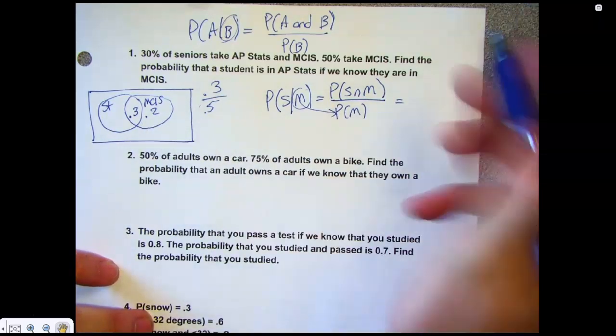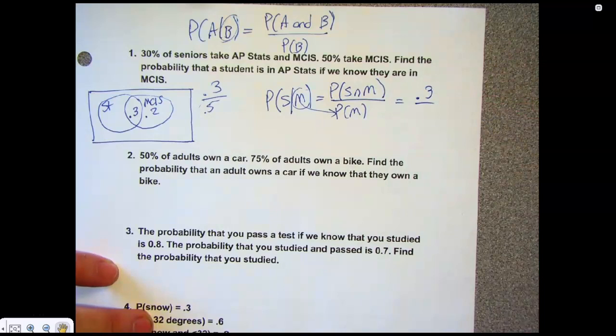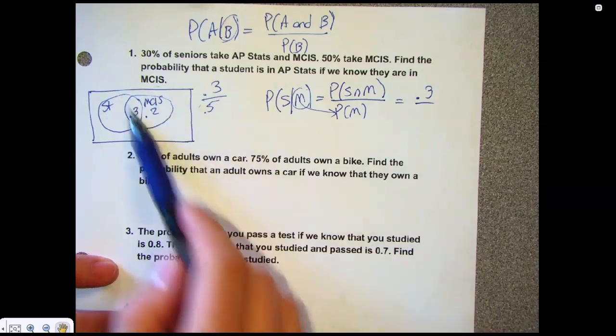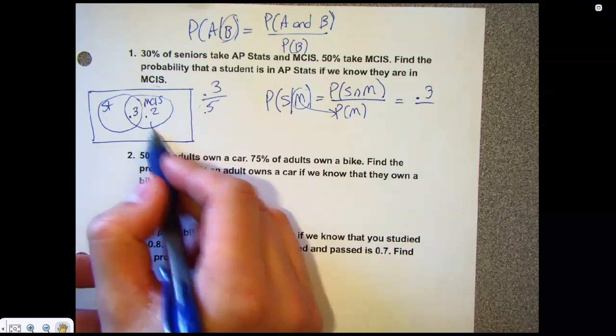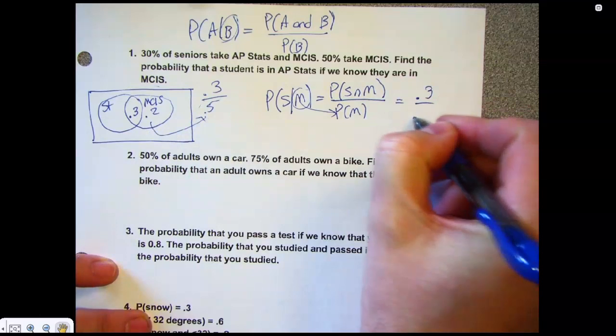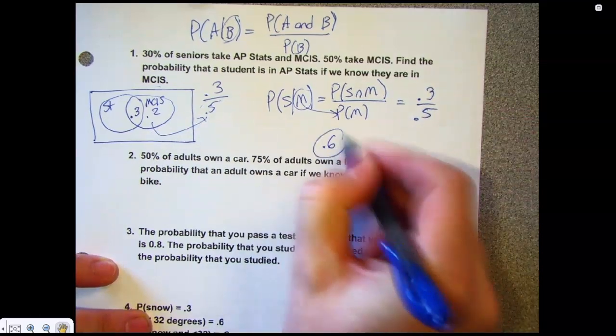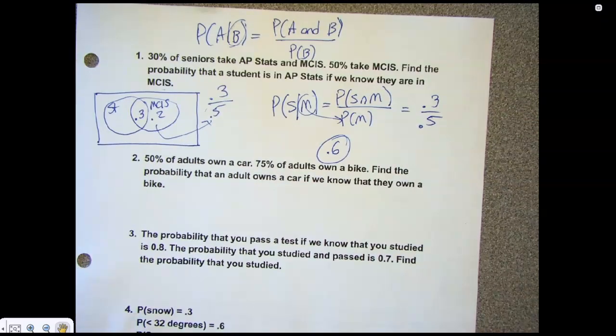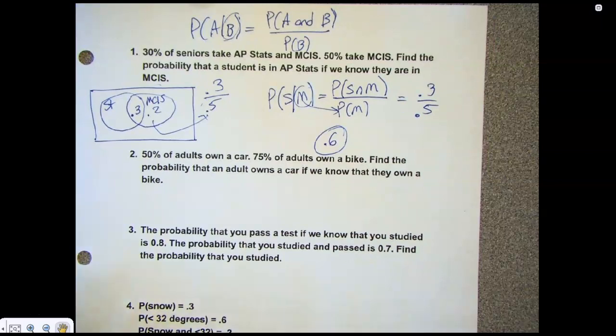Is the 0.3, right? That's the overlap of the circles. And then what's the probability they're in the MCIS? 0.5, and isn't that just the size of this circle, which is what we put right there? Then you can divide those out and get 0.6, but that's not the point really. It's the same thing. It's just doing it without the Venn diagram. You kind of skip it to a formula. The formula is a little better in some situations than that.